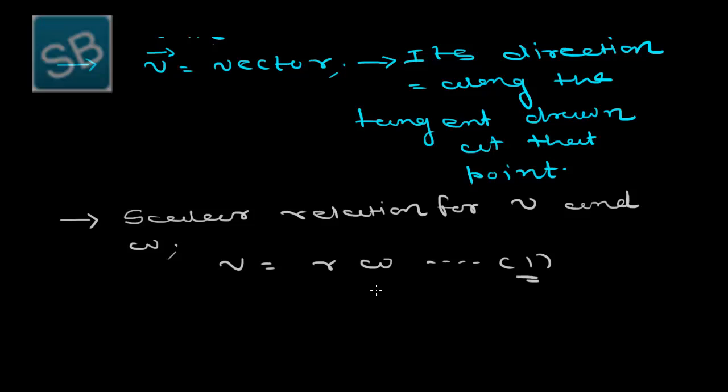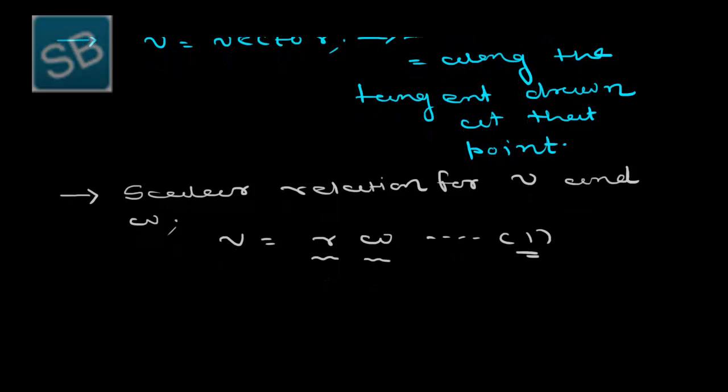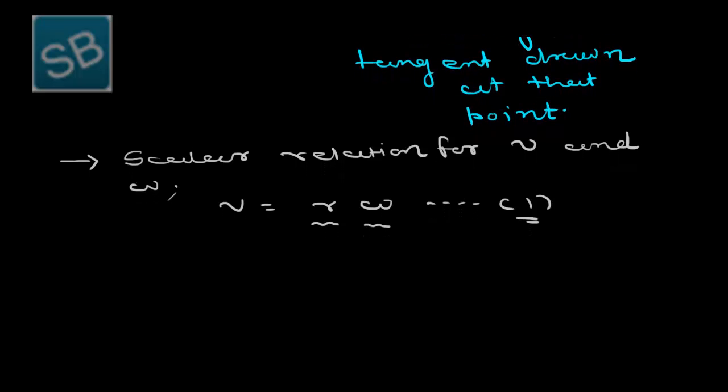But here we have to consider the vector quantities of this position vector and the angular velocity, which are given by the vector notation r and the vector notation omega.